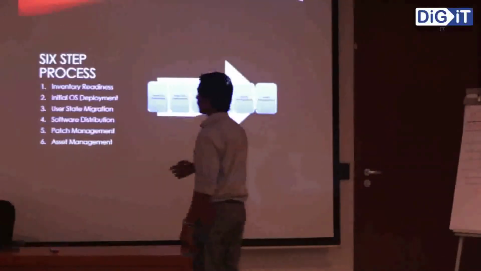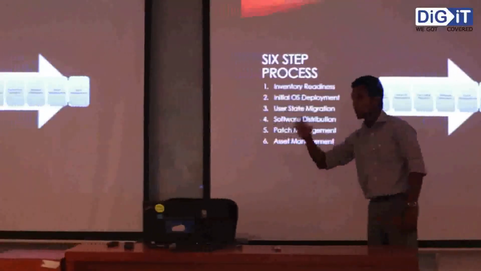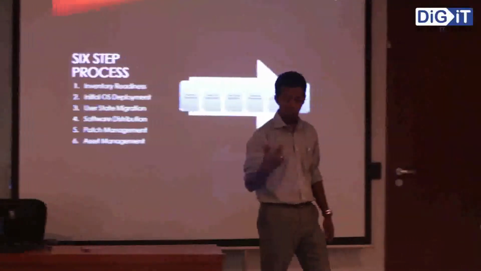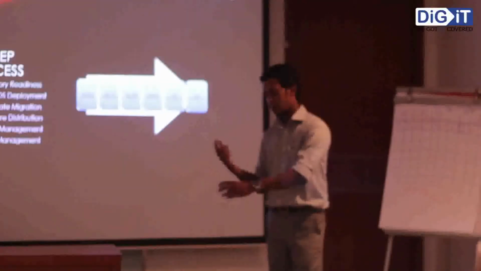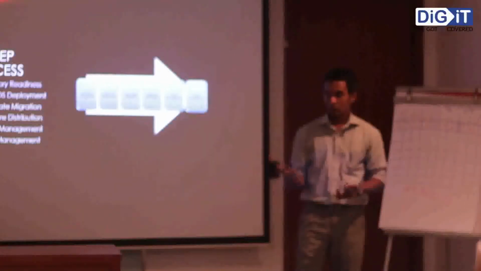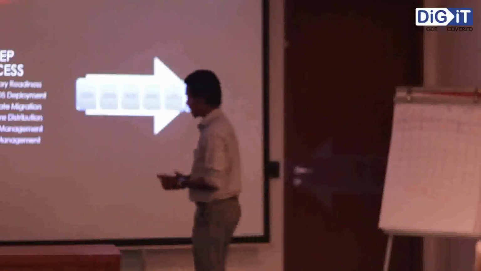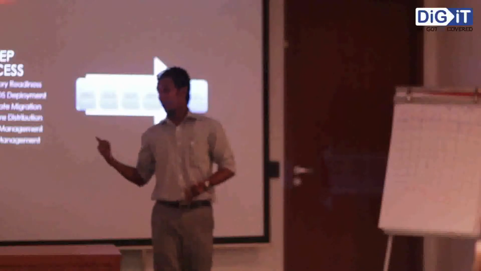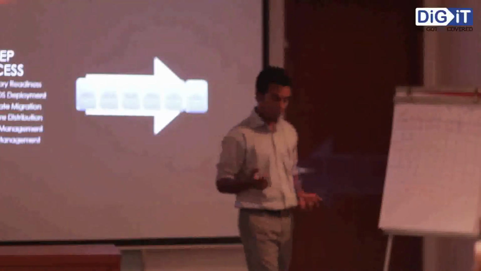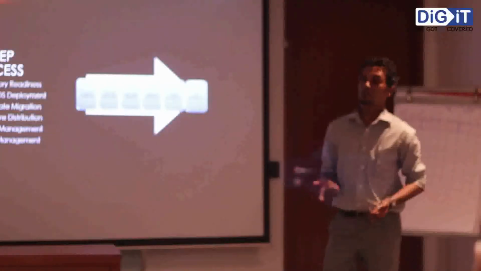So first of all, we need to get the inventory of the environment. Do the XP machines have enough memory, enough storage, enough free hard disk space, and all these things? Not only that, the biggest question that comes to the picture is: what about application support?